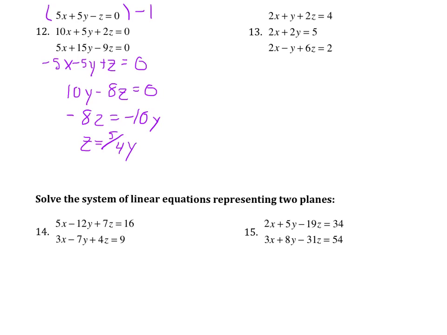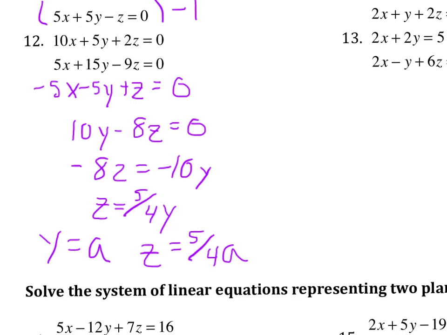So now this might be different than the answer that you came up with, depending on which variable you isolated. So now I'm going to let y equal a. So z equals 5/4 a. And now I'm going to plug those two back in to see what x equals in terms of a.